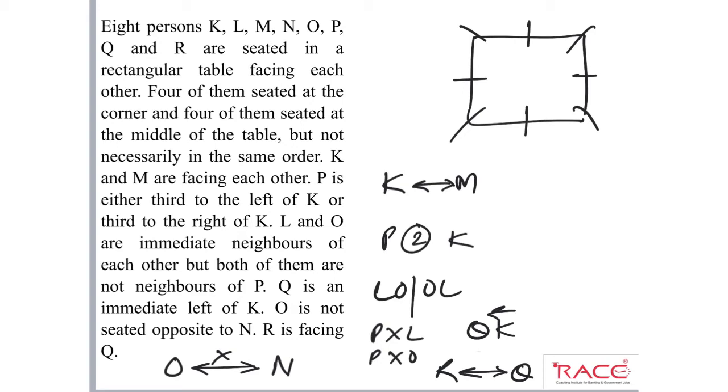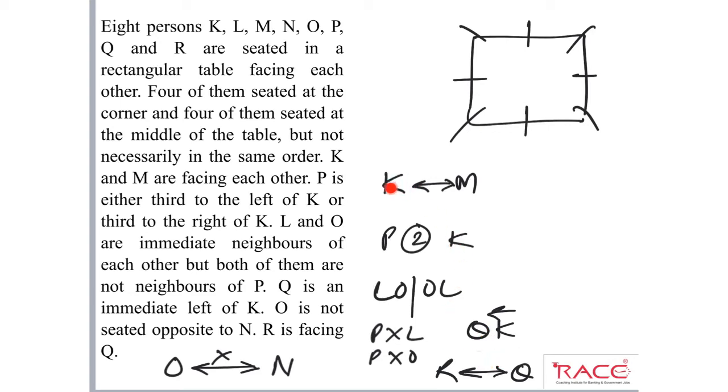So these are, I suppose, all the information I have written here. So based on this information, I have to solve this question. From which point should I start, that is the question. The person repeating more number of times, I should start with that.